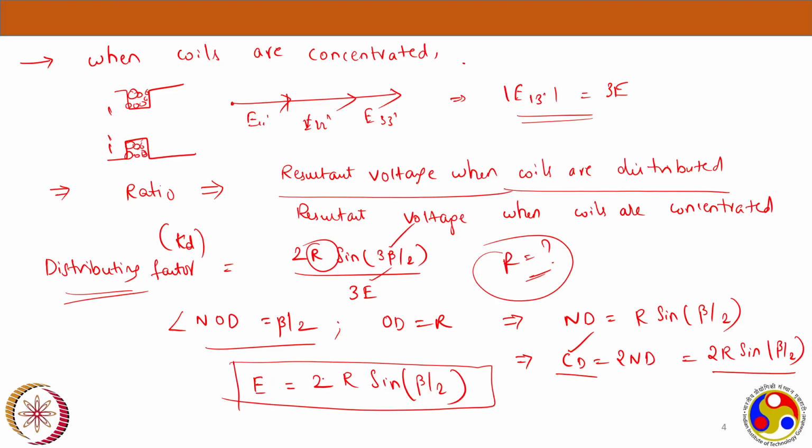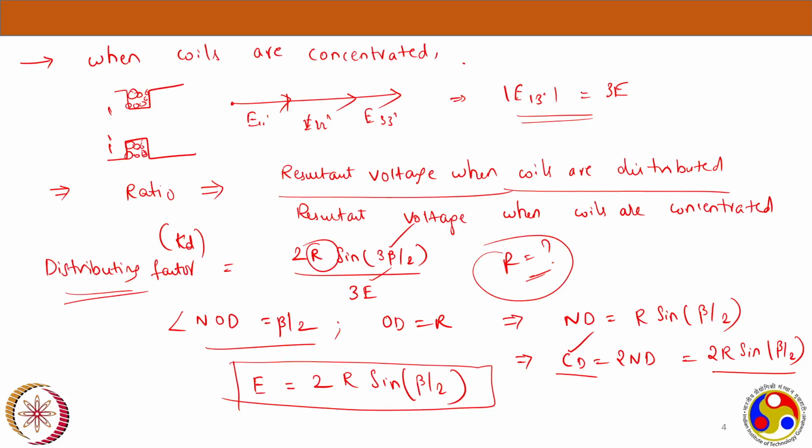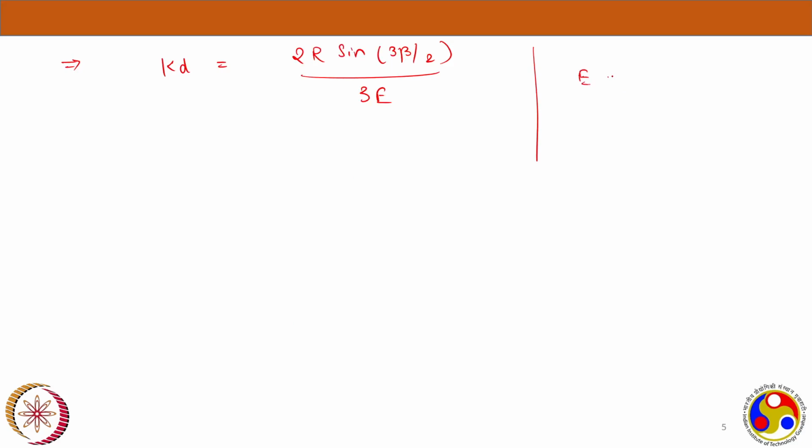Now let's substitute this value of R in the distribution factor formula, and then we will get an even more simplified formula for the KD. Now what did we get for KD before? 2R sine 3 beta by 2 divided by 3E. But we got E as 2R sine beta by 2.